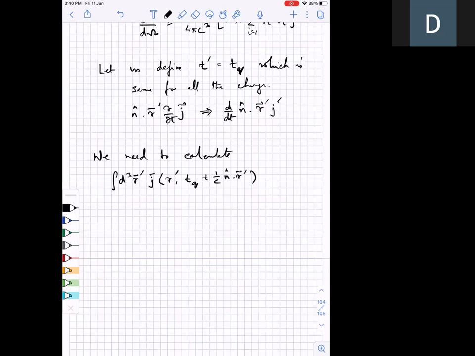This is the thing that you want to calculate, which is basically the same for the whole region.